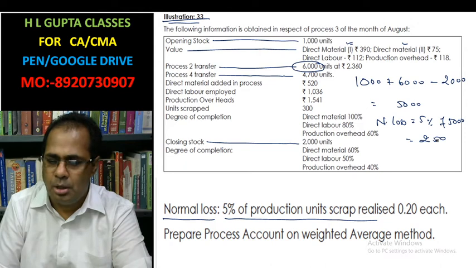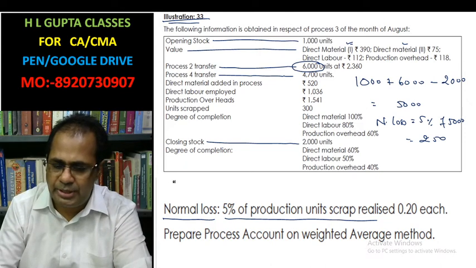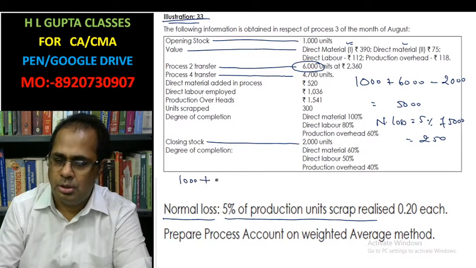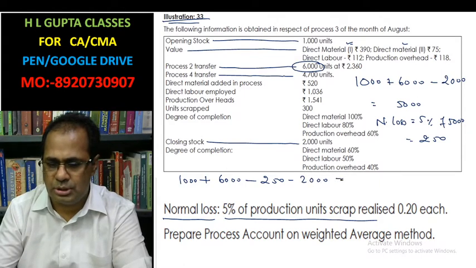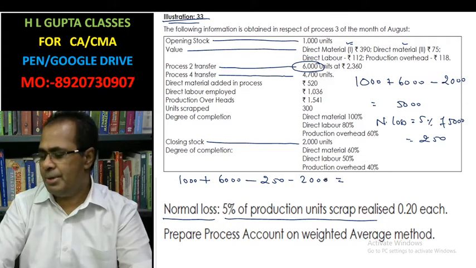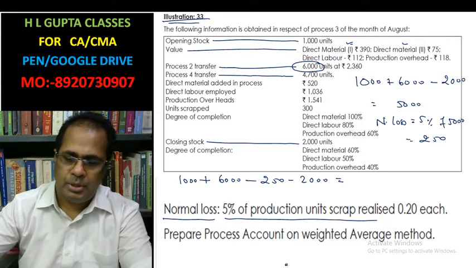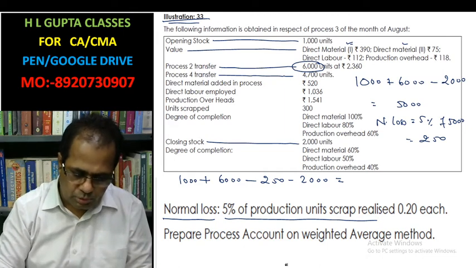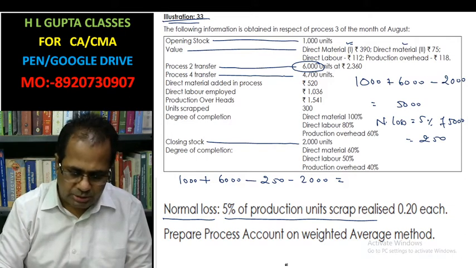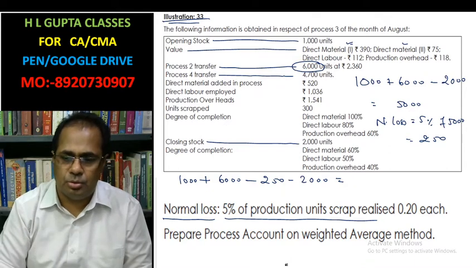Look at it. Out of 7000, the opening stock is 1000, the normal loss is 250, and the closing stock is 2000. Then what will happen in this case? Please try to understand. 7000 minus 250 minus 2000 is 4750.